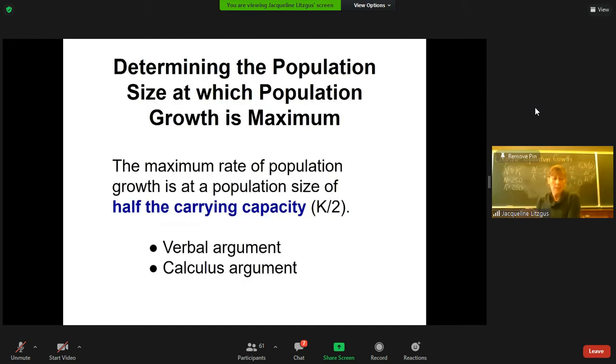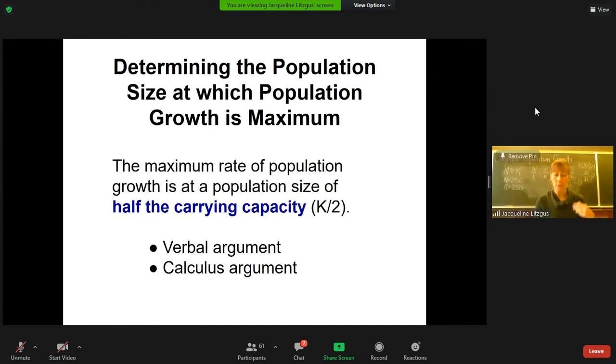Okay. And ecologists have been interested in identifying where populations will grow the fastest for various reasons. If you're trying to manage a population, maybe you want to harvest the population, but you want to maximize the growth rate of the population when you do it. So one of the reasons we might be interested in knowing the population size where growth is maximized is that we might want to manage the population to produce the most new individuals, or maybe it's a game species, a species that's hunted.